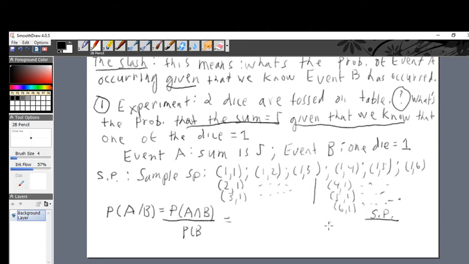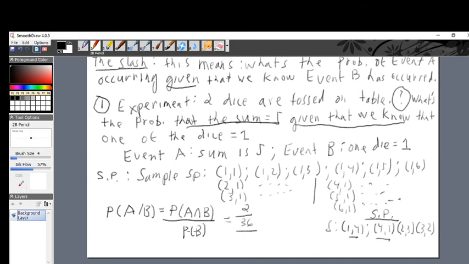Sum is 5 would be 1,4; 4,1; 2,3; and 3,2. A and B means the sum is 5 and also one die is 1. That's going to be these 2 cases only. There's only 2 out of a 36 chance of that happening. That's the probability of A and B.